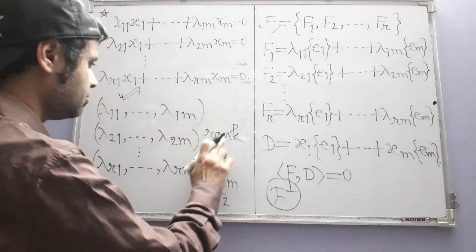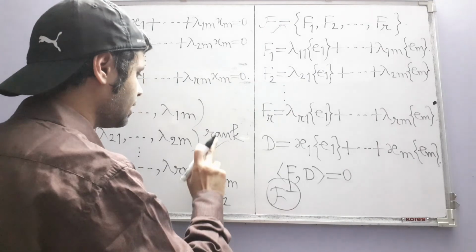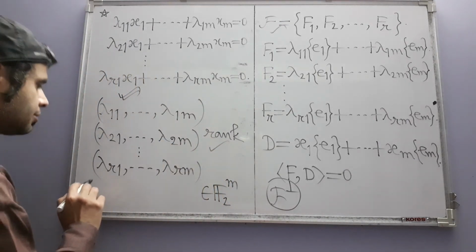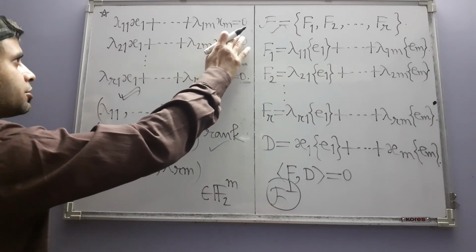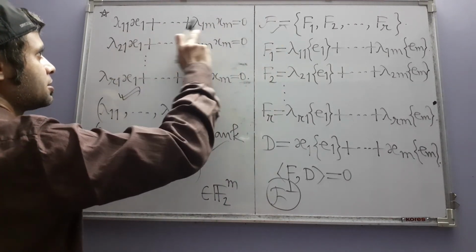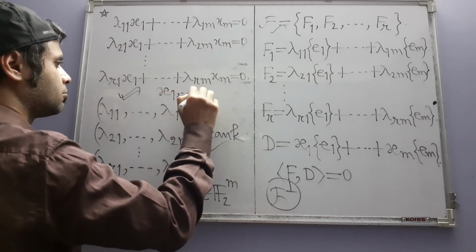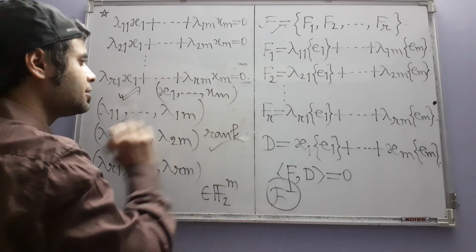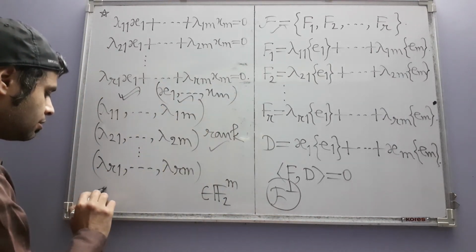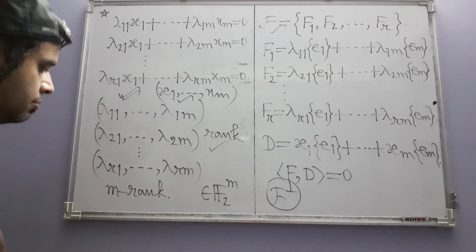So that's how you have the rank of this system equal to the dimension of F, and from linear algebra we know that the dimension of the solution space, that is the space of those vectors which solve all these equations, is m minus rank.